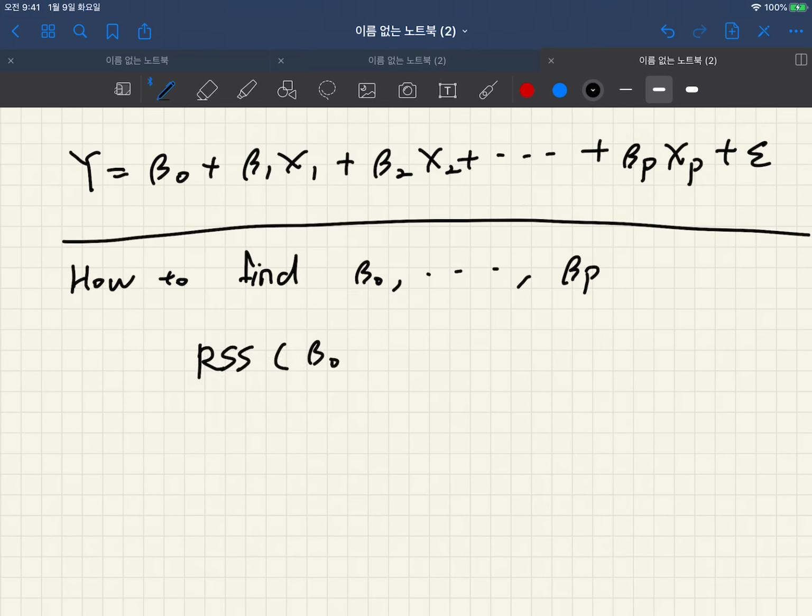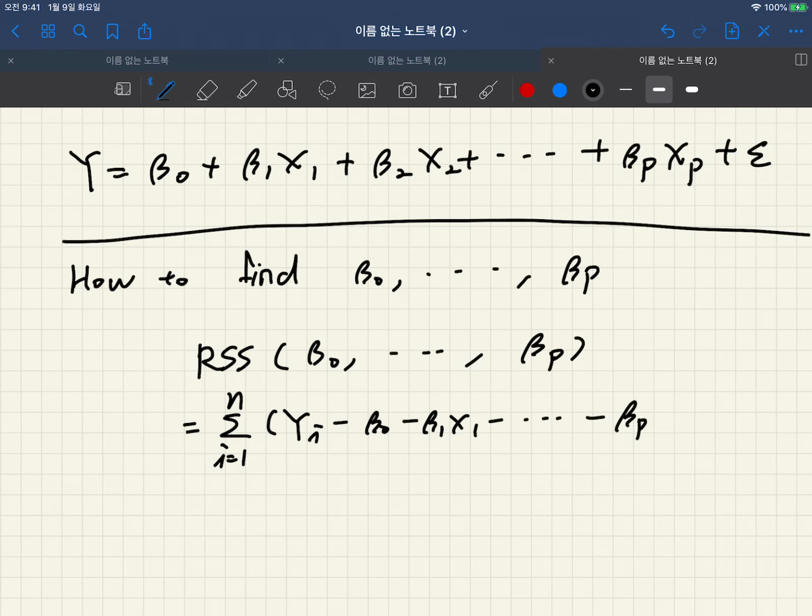The RSS function is again a function of the coefficients, beta 0 to beta p. This is the sum over all your training data points of the residual squares, yi minus beta 0 minus beta 1 x1 minus beta p xp, squared.